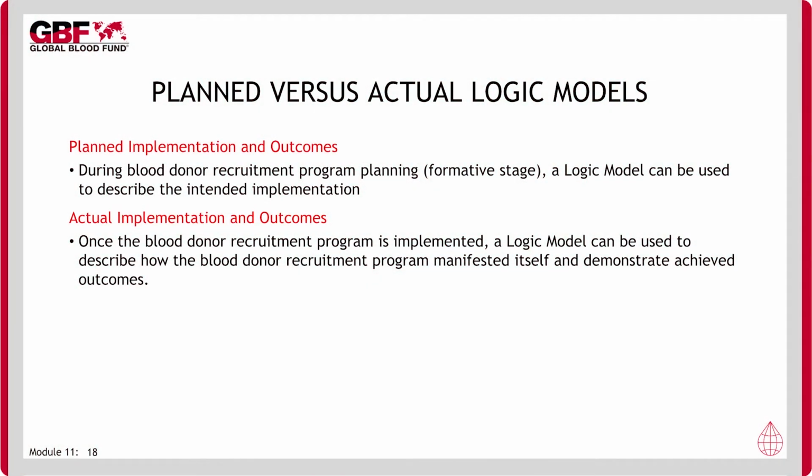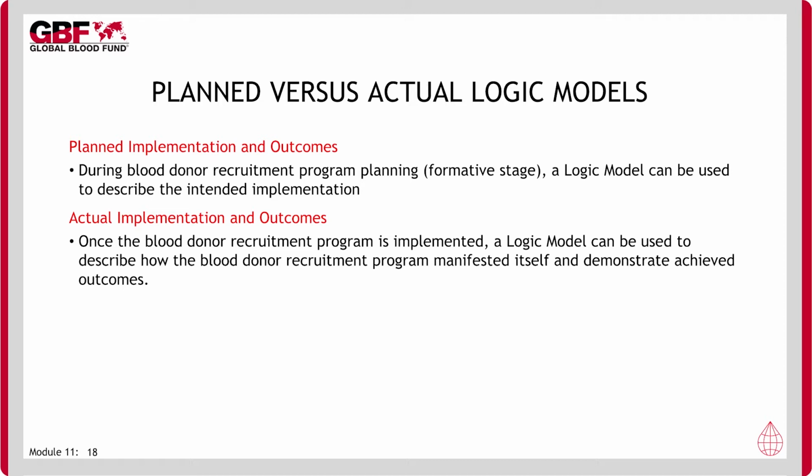There are two types of logic models, namely the planned and actual logic model. The planned implementation and outcomes logic model is developed at the formative stage of recruitment program planning. This logic model can be used to describe the intended implementation. It will also show expected outcomes. In developing this, there is application and use of theory, experience, and scientific evidence so that the blood donor recruitment program is well designed.